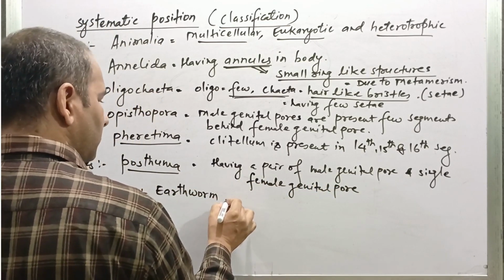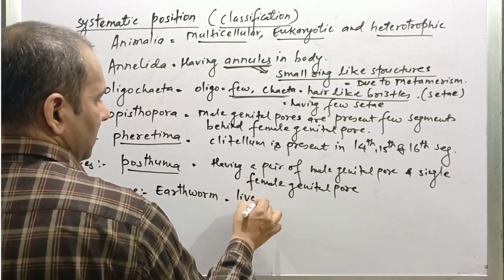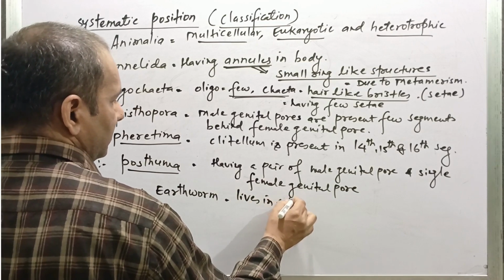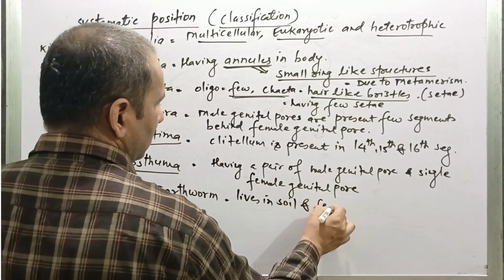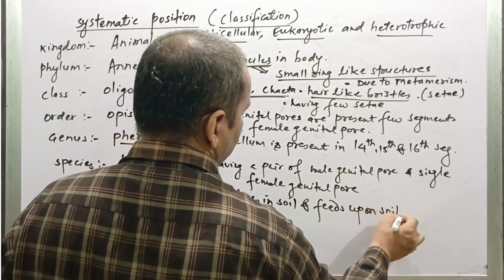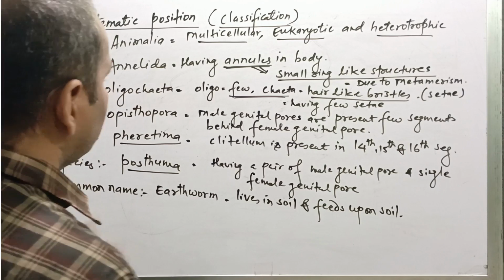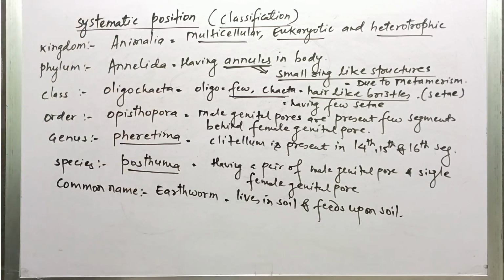Finally, the common name is earthworm. It is due to that it lives in soil and feeds upon soil. So, this is about systematic position or classification of the earthworm.